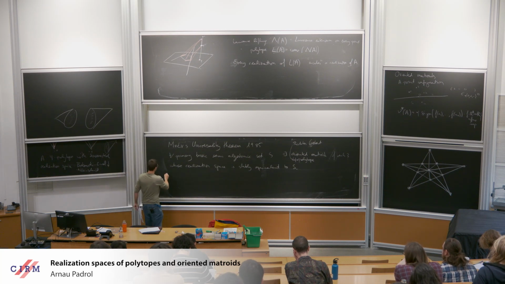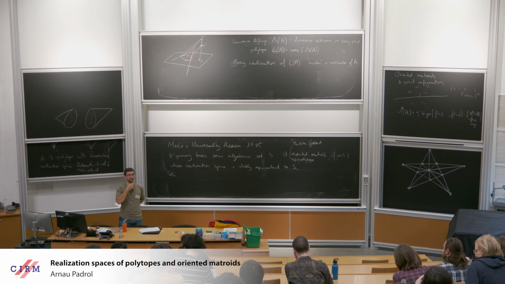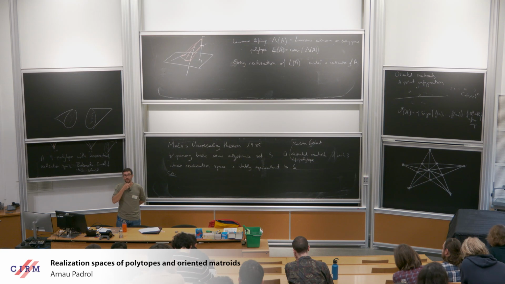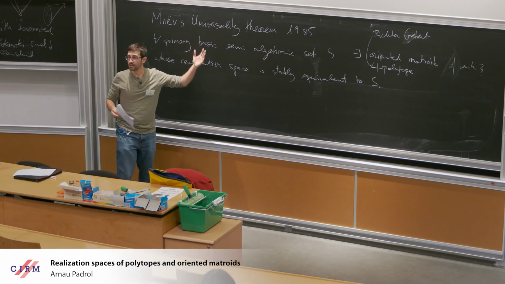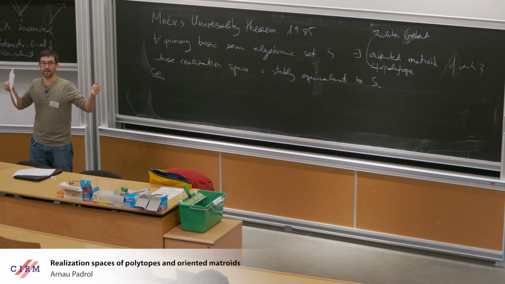Okay. And as a corollary, we get what I was advertising from the beginning, which is that it is hard to decide whether something is the face lattice of a polytope. Because if it was easy, I would take some semi-algebraic set for which I want to know if there is a real solution or not.